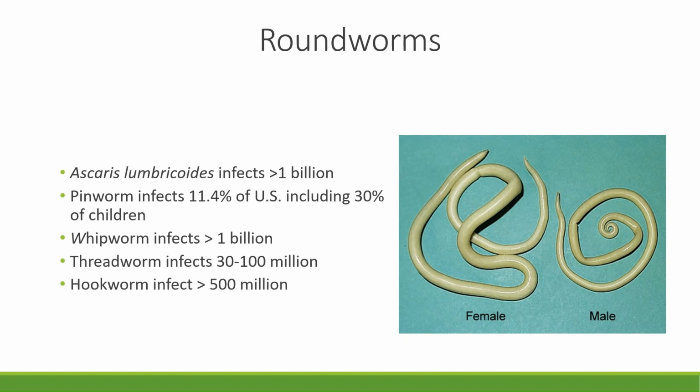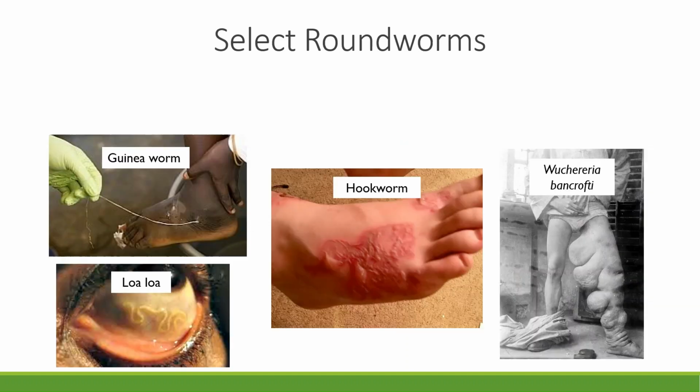I think these numbers might be a little bit outdated, and hopefully that's been declining, but pinworms are very prevalent in the American Southeast. Whipworms infect over 1 billion people. Threadworms infect 30 to 100 million people, and hookworms infect greater than 500 million people. So, as you can see here, they're very common pathogens around the world.